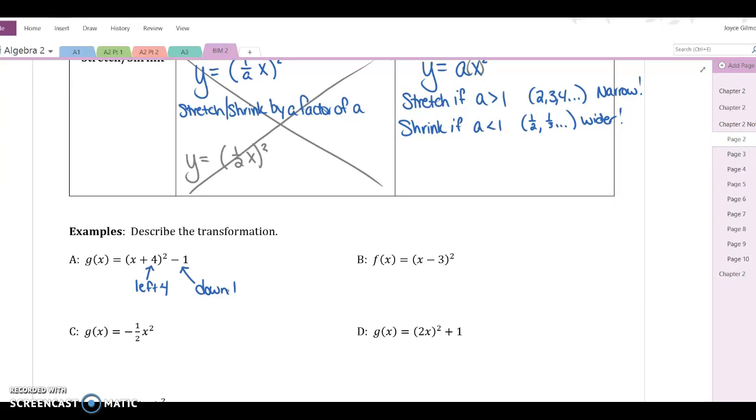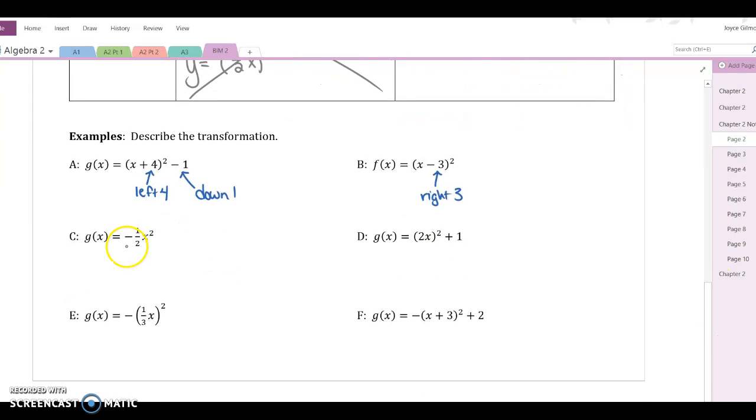So B, what does the minus 3 mean? Right 3. There's a couple things happening in C. First is the negative. The negative is not inside parentheses, so it is a vertical reflection. So this is a reflection or a flip over the x-axis.